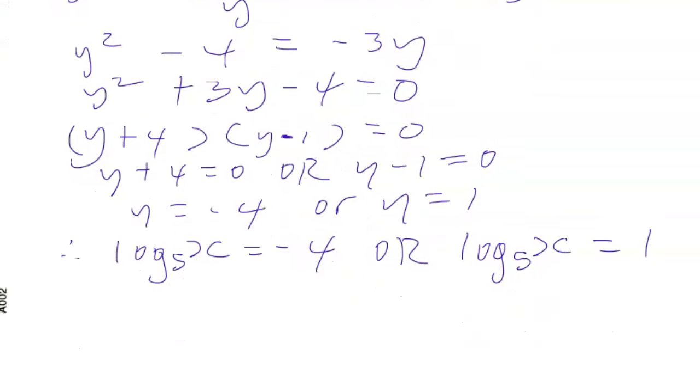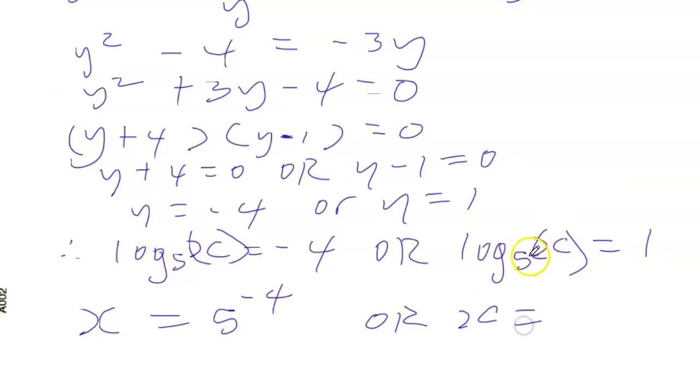And then a rule of logarithm again: the x that we have here is equal to the base to the power on the right hand side. So x is equal to 5 to the power of minus 4, or same thing, x is equal to the base to the power on the right hand side, which is 1. So 5 to the power 1 is 5, so x equals 5.